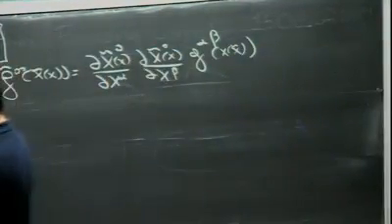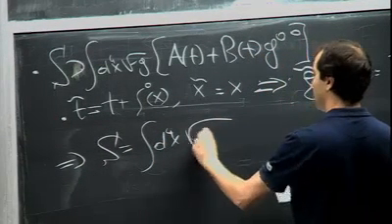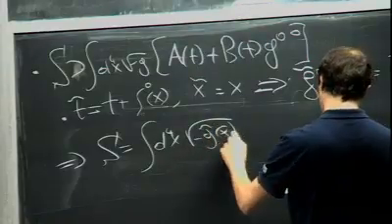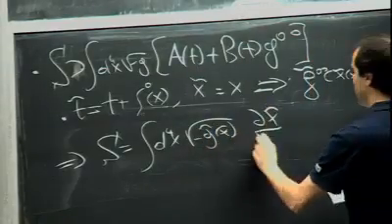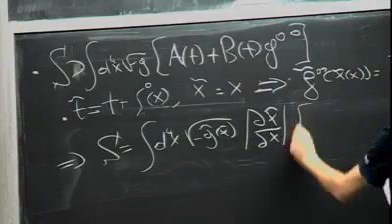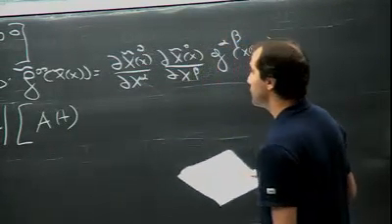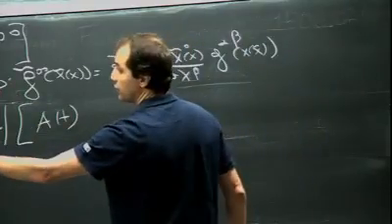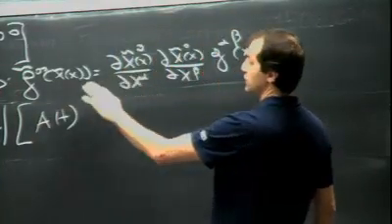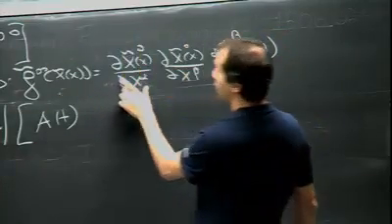Therefore, if I plug back in the action, it becomes d4x square root of minus g tilde of x tilde times the Jacobian dx tilde over dx. Here I can just use the transformed fields. So instead of using g, I can write g as a function of g tilde, and under the square root I get the determinant of the Jacobian.